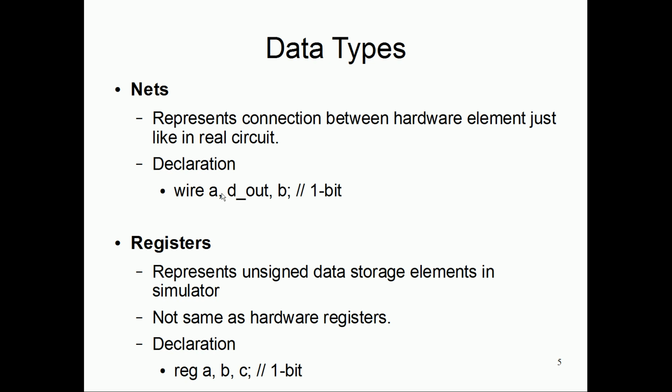So it is just like that. It is connecting two hardware elements, like a wire, and so we declare that as a wire. It can be any name, and if you don't have any square brackets with some dimension value in it, it is treated as a one-bit wire.